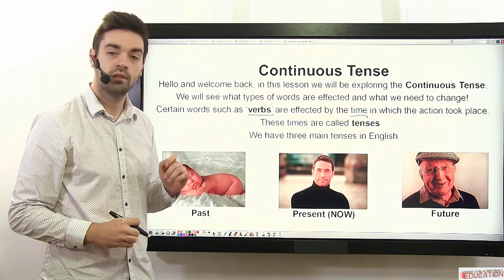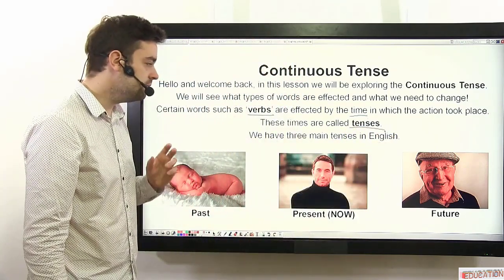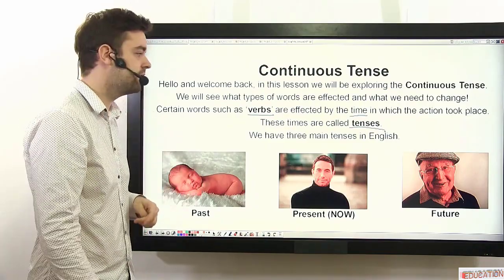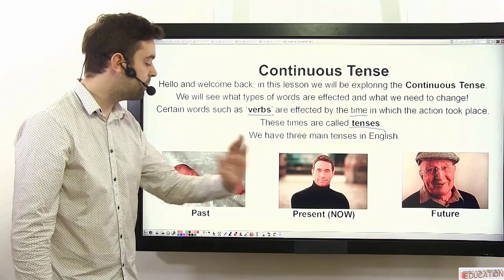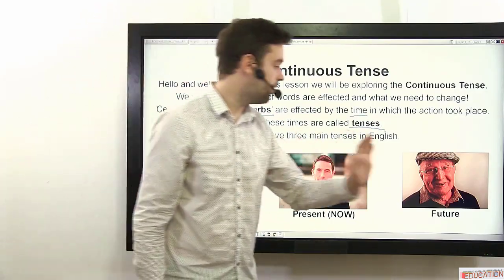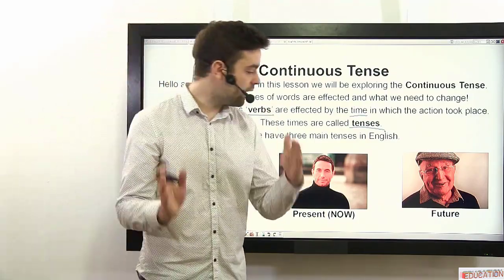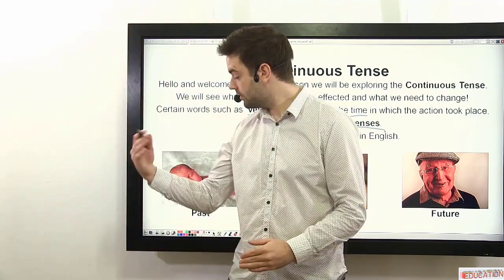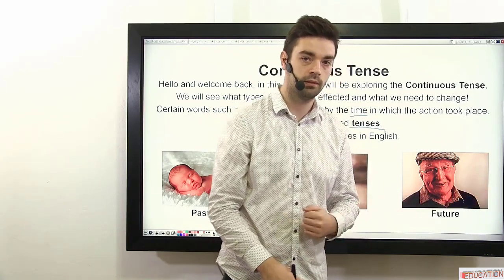These times are called tenses, and we have three main tenses in English: the past, the present, and the future. So the present is now, the past has happened, and the future will happen.